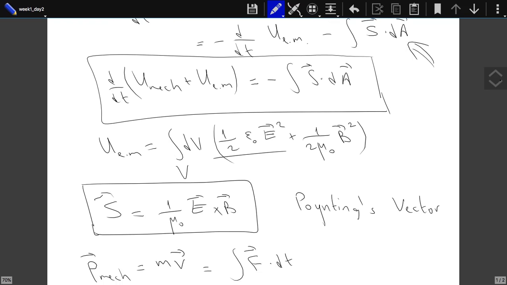Well, that will be your first homework, let's say. What's the unit of that expression? We know that it should be energy per unit area per unit time, but just put in the expression of the electric field, the unit of the magnetic field, divided by the unit of mu0. It should give you energy per unit area per unit time. If it doesn't, that means we had done something wrong.